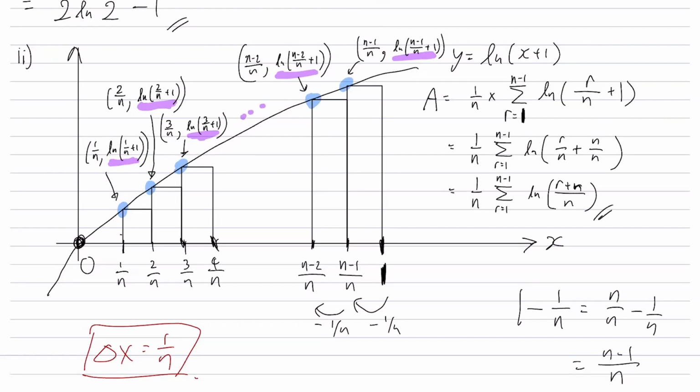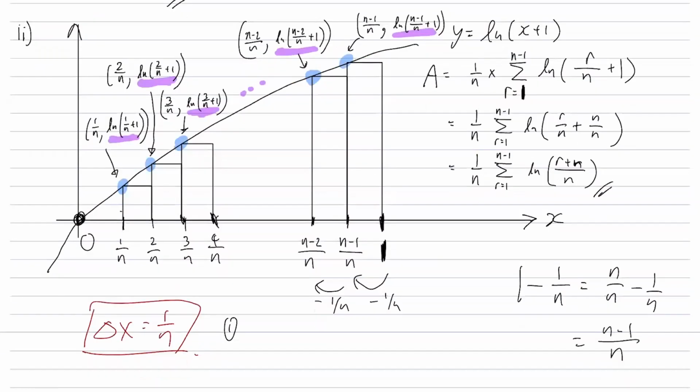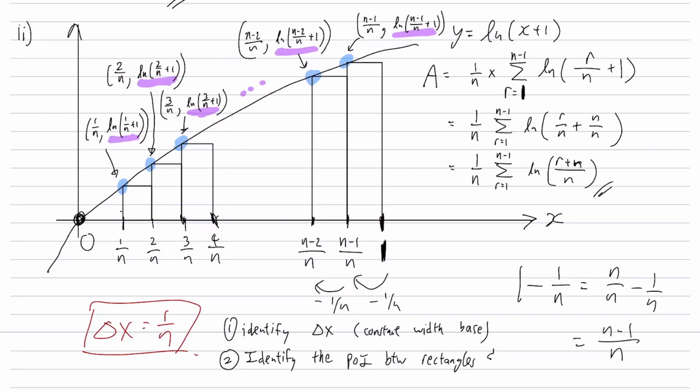How to show? Okay. So basically, the procedure maybe you can follow is like this. Step 1 is to identify delta x, the constant width or base. Number 2 is to identify the points of intersection between the rectangles and the graph.